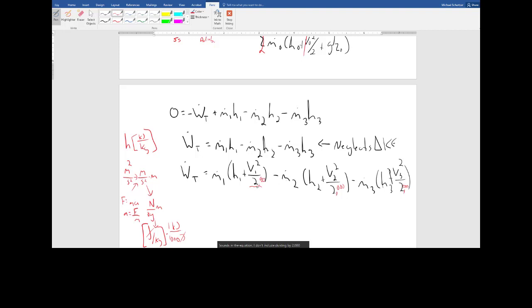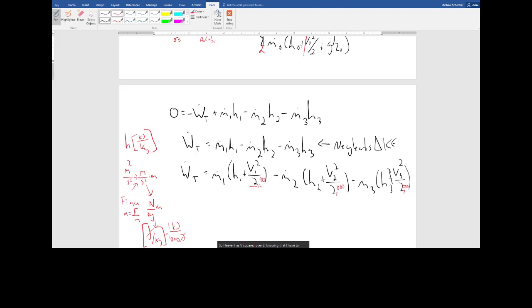I just keep it as divided by 2, because if I was measuring the velocity of, say, an airplane or an automobile, I might talk about that velocity in kilometers per hour or even kilometers per second, although the number would be really small. And that's going to give me a different conversion factor. So I leave it as V squared over 2, knowing that I have to come back.